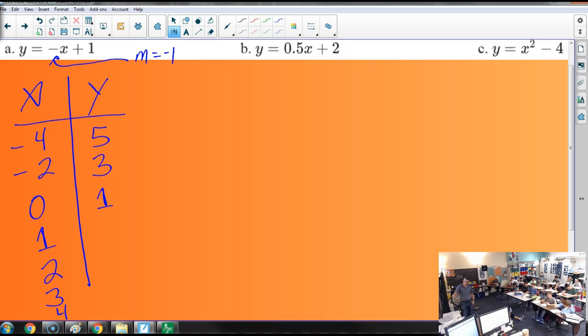The slope is -1, which means every time we take a step forward on the x, we should be going down by 1. Notice we took 2 steps forward and we went down by 2. So a jump of 2 here is going to make a jump of 2 there. Jump of 1 is just going to make a jump down by 1, down by 1, down by 1, down by 1. So that slope behavior starts to help me.